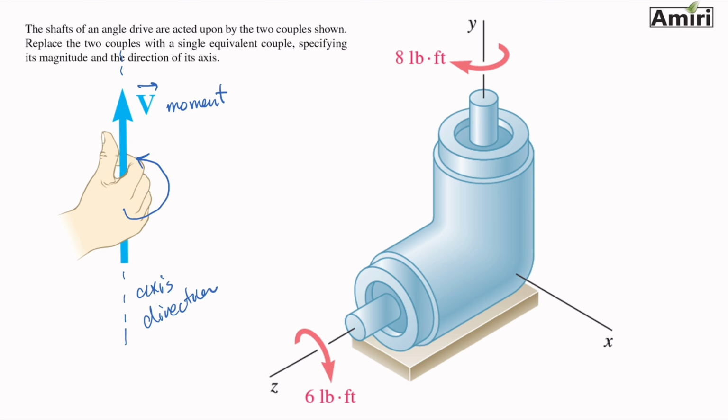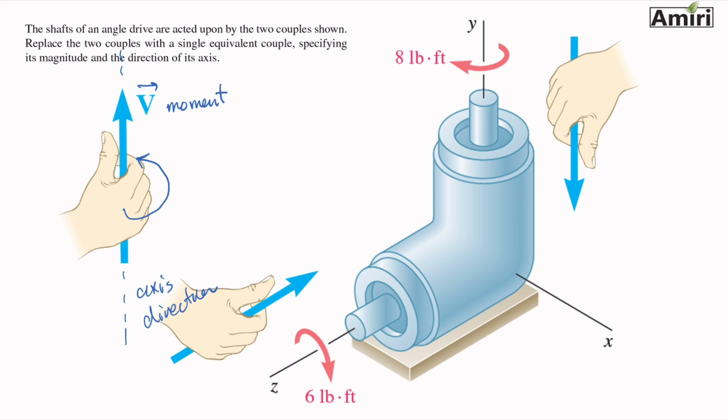So if I want to apply this right-hand rule to the two couples that I have, it looks something like this. Curling my fingers, this one is a little bit more difficult. Is this correct? Yeah. The fingers are curling with the direction of rotation, and the thumb is pointing to negative z.